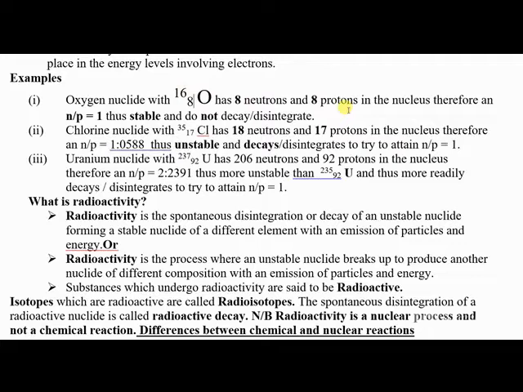So this oxygen is very stable, because 8 neutrons divided by 8 protons gives 1, and that tells you this nuclide is very stable. It does not undergo decay. It does not decay.